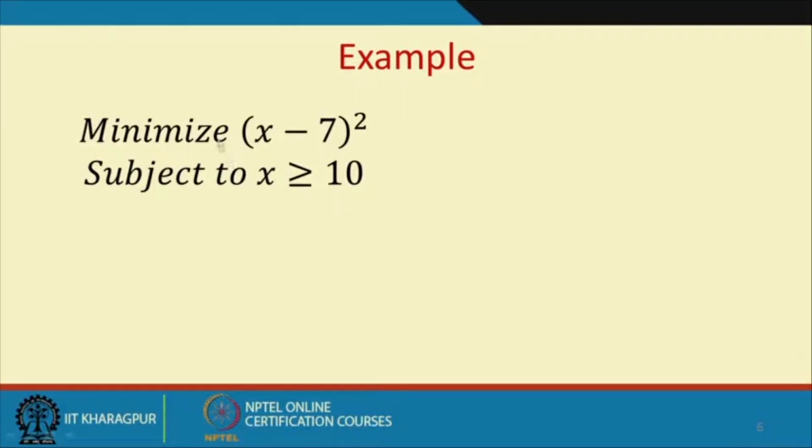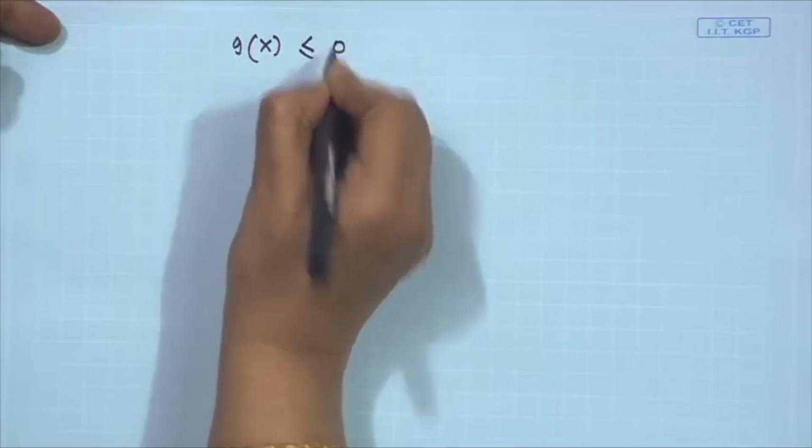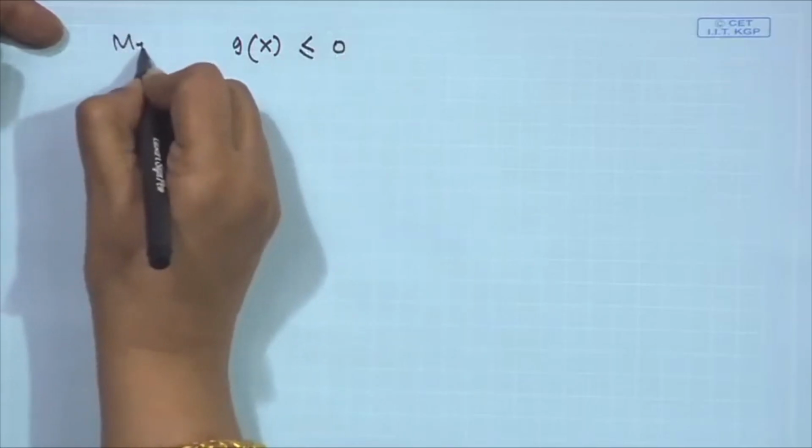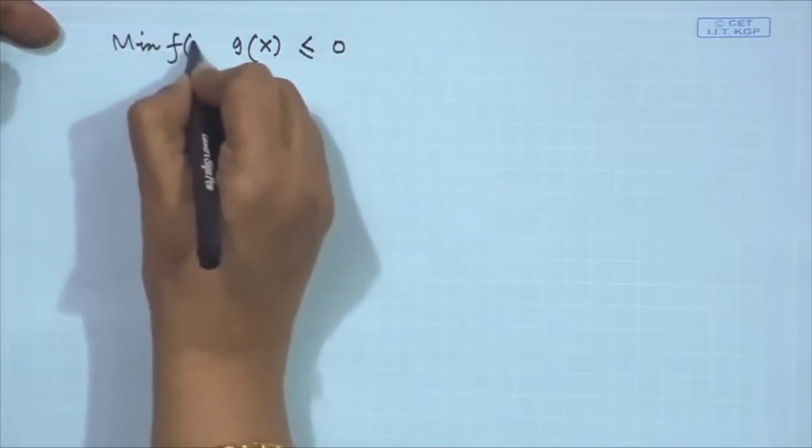Now, this is one of the examples: minimize (x minus 7) whole square subject to x greater than or equal to 10. Once we have the minimization problem, let us write the constraint as g(x) less than or equal to 0, minimization of f(x).